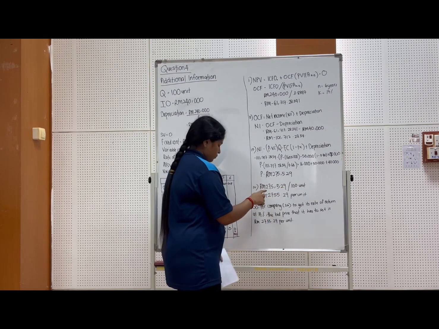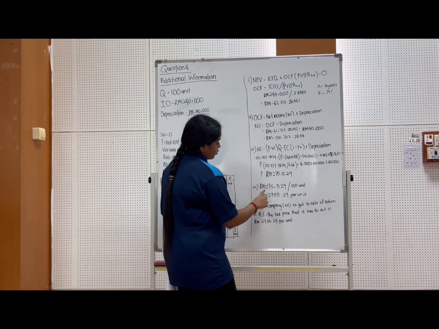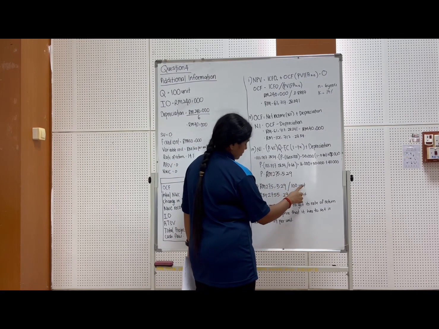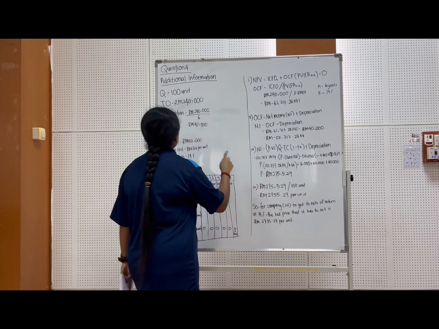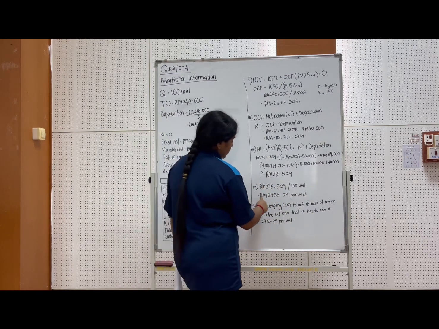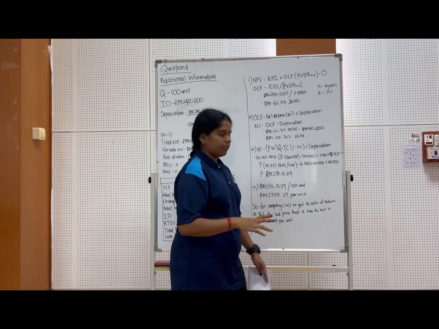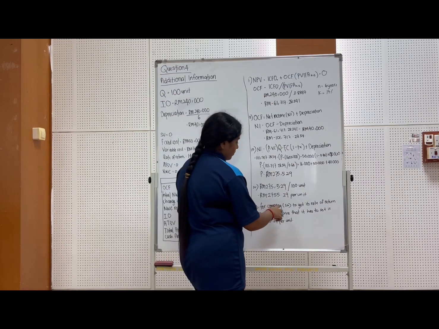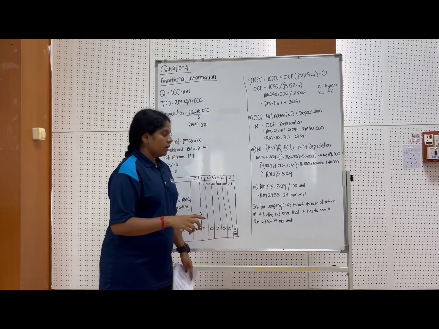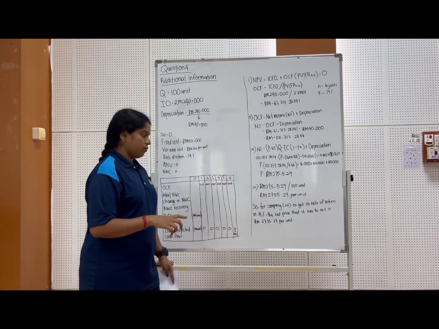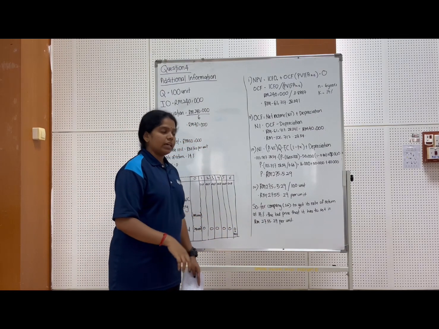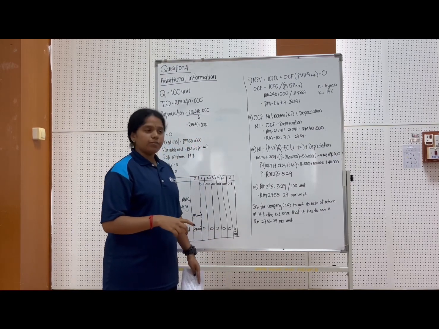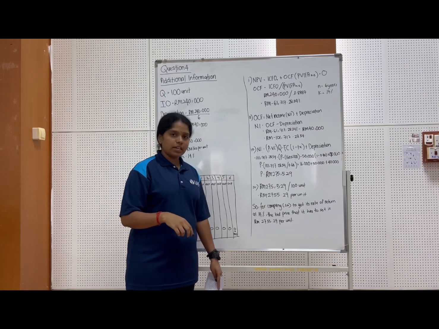For the bid price, 275,529 ringgit divided by 100 units, as stated in the question. So the answer will be 2,755 ringgit 29 cents per unit. So for the company to get its rate of return at 14%, the bid price that it has to set is 2,755 ringgit 29 cents per unit.